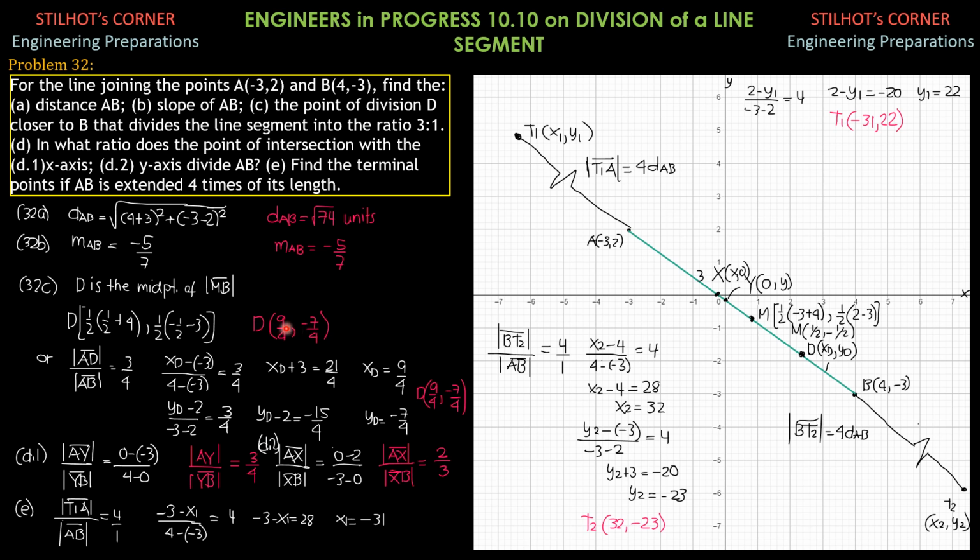That's the first analysis. The second analysis is the ratio of distance AD, because this is 3 parts, to distance AB, which is now 3 plus 1, 4 parts, is 3/4. So that ratio of distance is also the ratio of the corresponding horizontal projection or vertical projection. So another solution for the x and y coordinates of point D, the point of division, is that the horizontal projection of AD as to the horizontal projection of AB is 3/4.